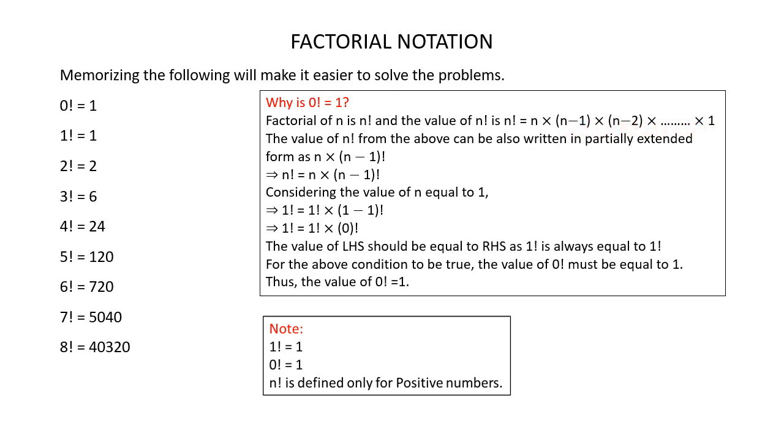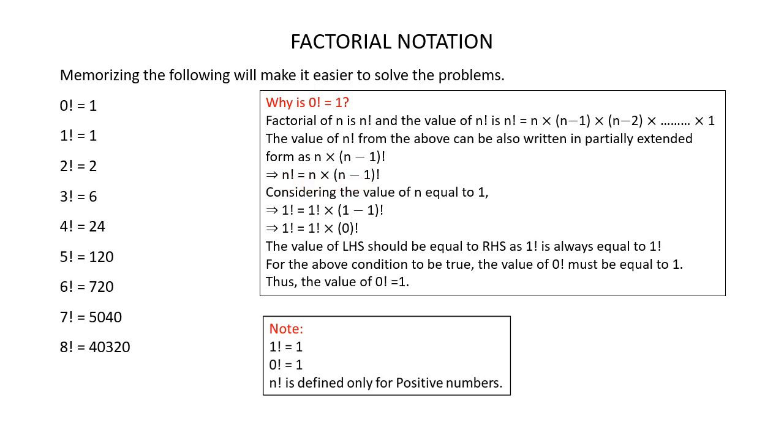So the value of n factorial can also be written in a partially extended form as n multiplied by n minus 1 factorial. So n factorial is equal to n multiplied by n minus 1 factorial.